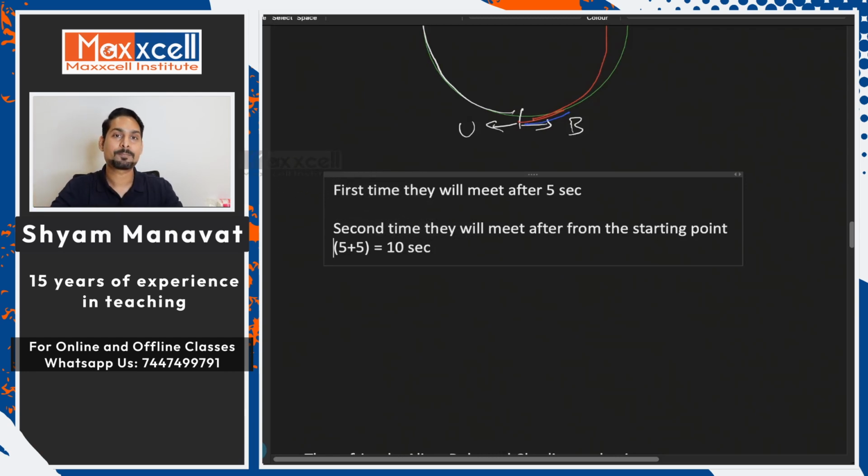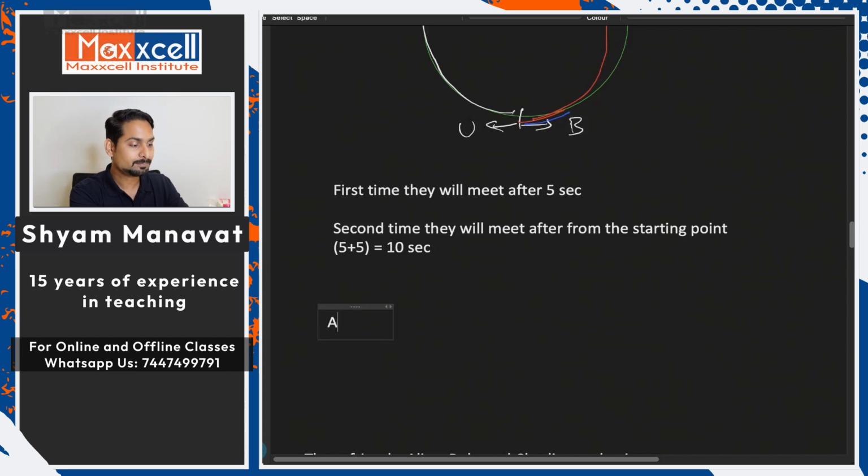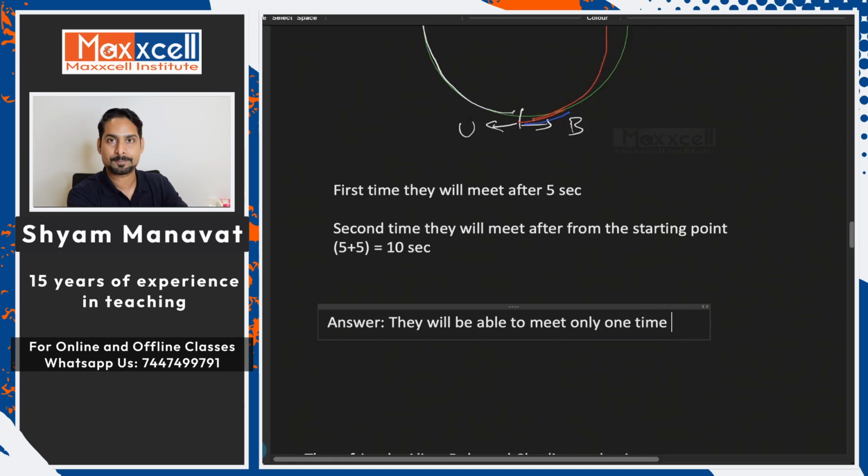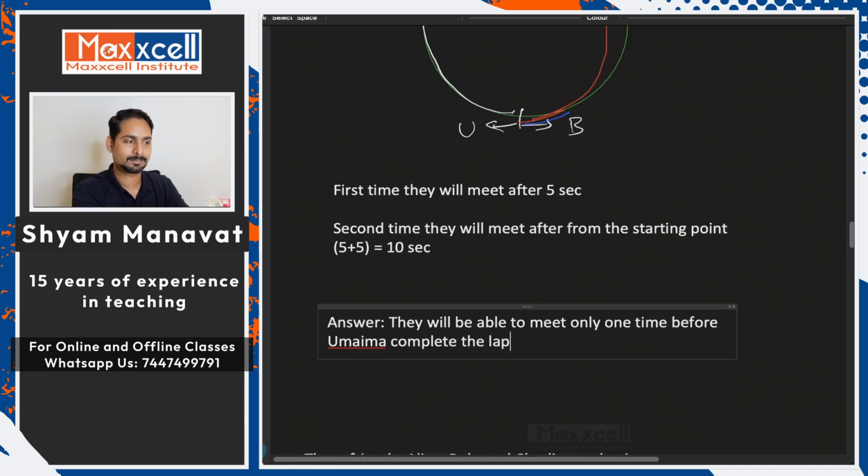So they will meet only one time. So what will be the answer in this case? The answer is they will be able to meet only one time before Umaima completes the lap.